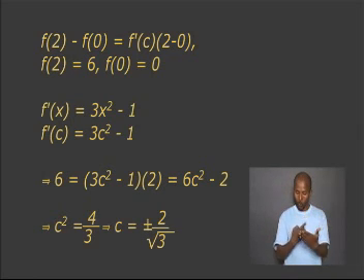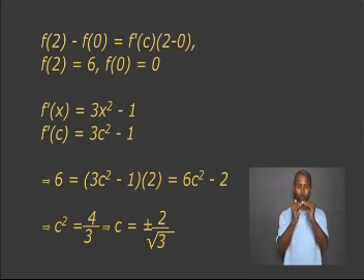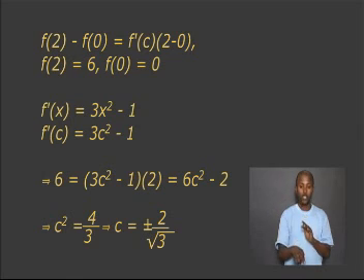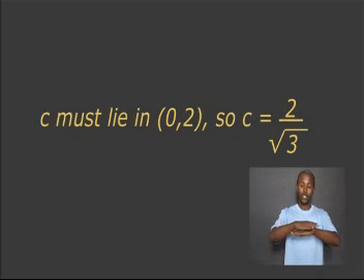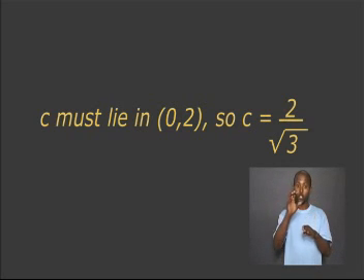So, c equals positive or negative 2 over the square root of 3. But c must lie in the open interval (0, 2), so c equals 2 over the square root of 3.